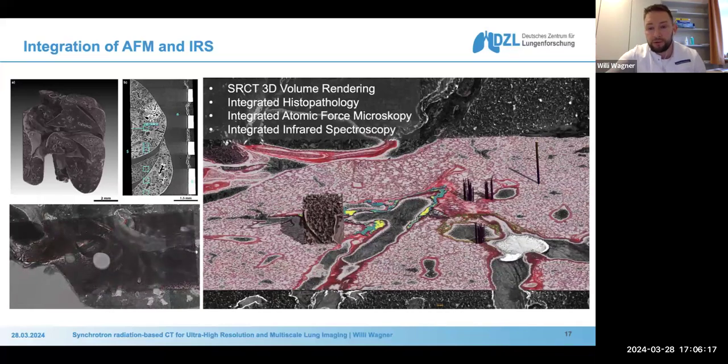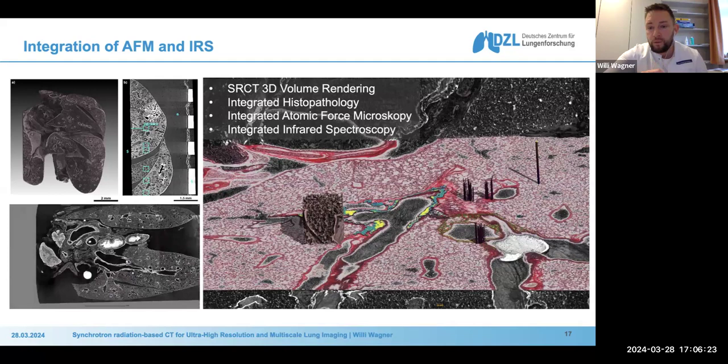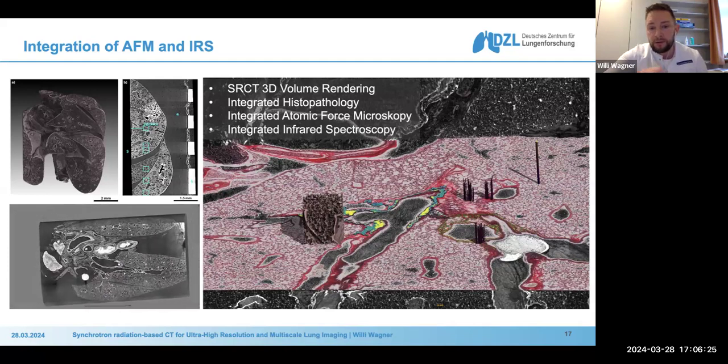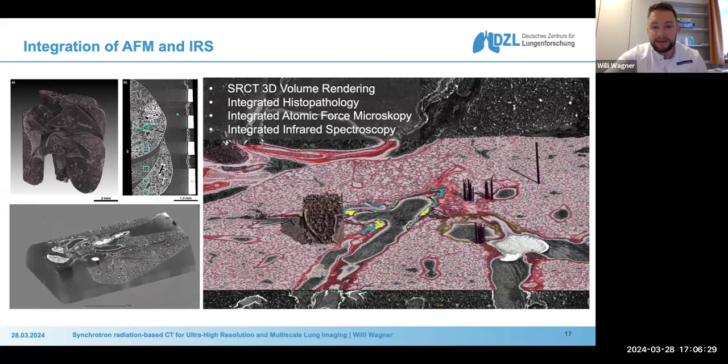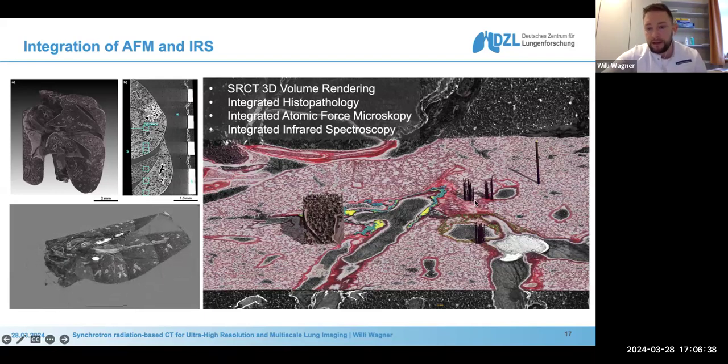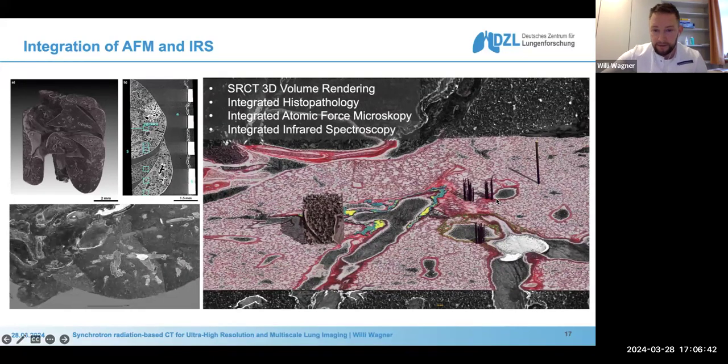You can really probe down on very fine structures of the lung and find out which structures are contributing most to the overall organ stiffness. It is plotted as bars. The higher the bar, the stiffer the tissue. And it could really show you where the stiffness of the lung comes from.